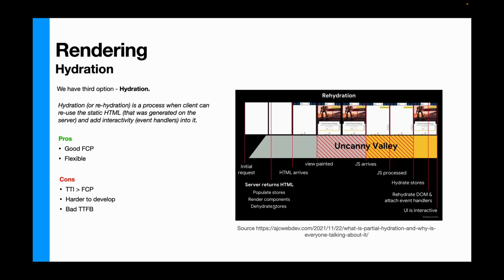Then we start to load the JavaScript bundle and hydrate the static HTML with interactivity, adding event handlers. Hydration is a combination of client-side rendering and server-side rendering approaches. It gives us fast initial loading and eliminates slow transitions between pages.